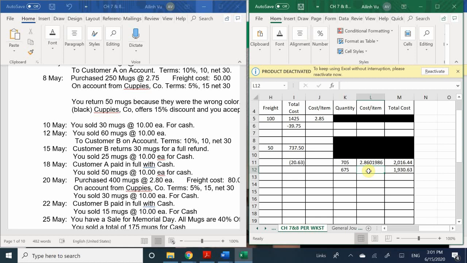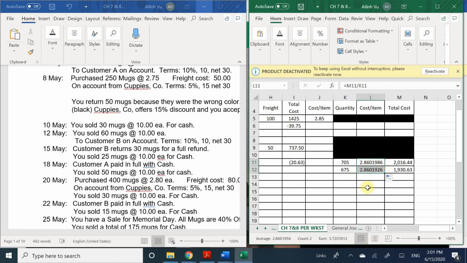Okay, do it again. 2016.44 minus 85.81. 1930.63. Perfect. You're right. Well, Excel is right.